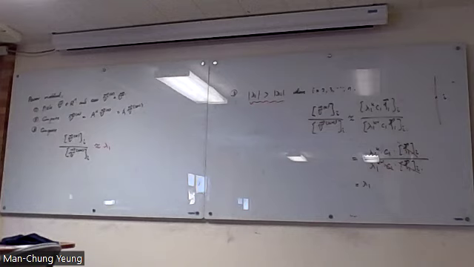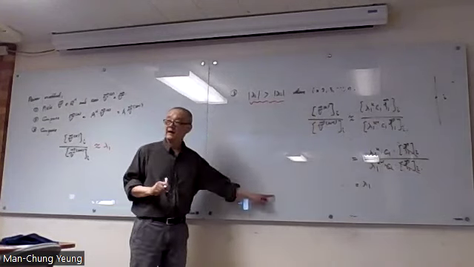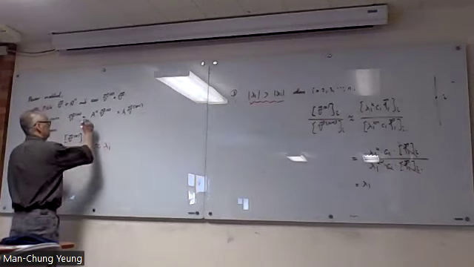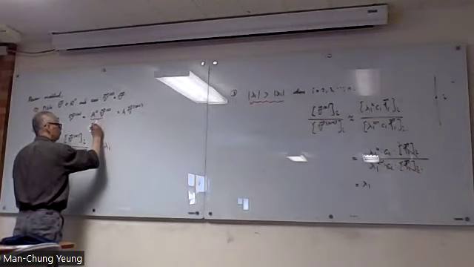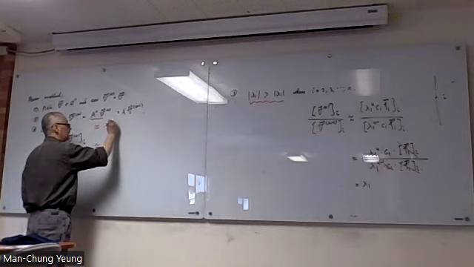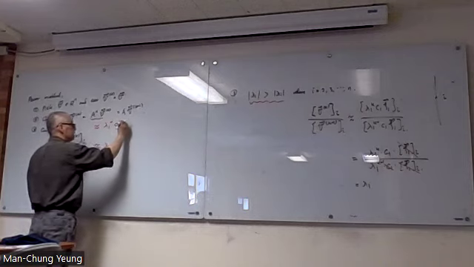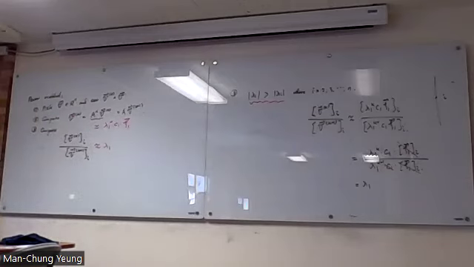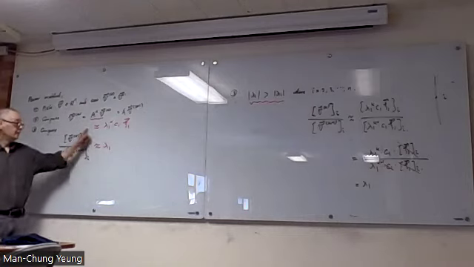This algorithm has a drawback. Vk is roughly equal to lambda 1^k times c1 times psi 1. Now there is a problem.